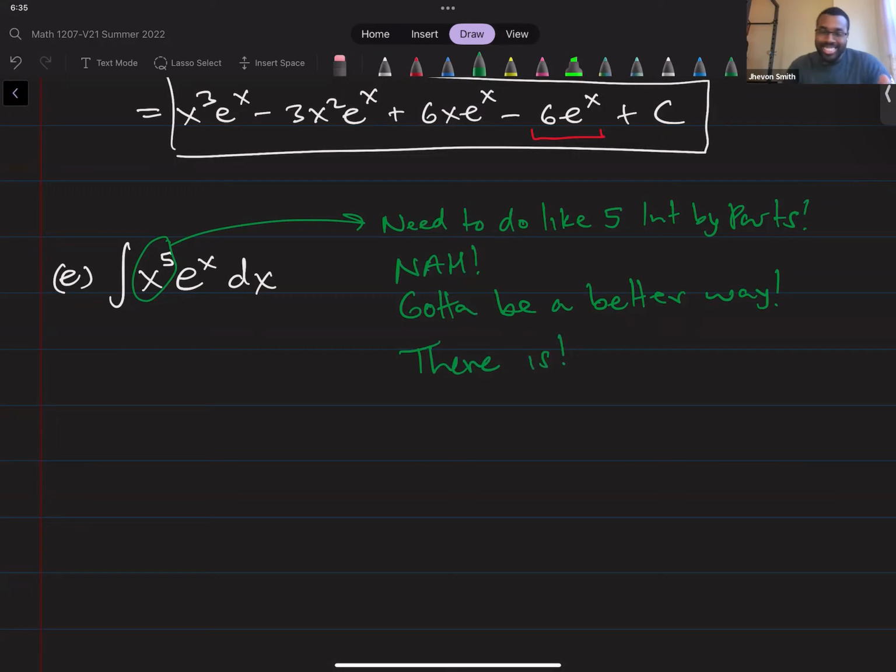So this was just my excuse to introduce another technique, which is kind of like a half technique. It's still integration by parts, but it turns out we can actually streamline the process of integration by parts. We can put it in a frame that makes it easy to go through.